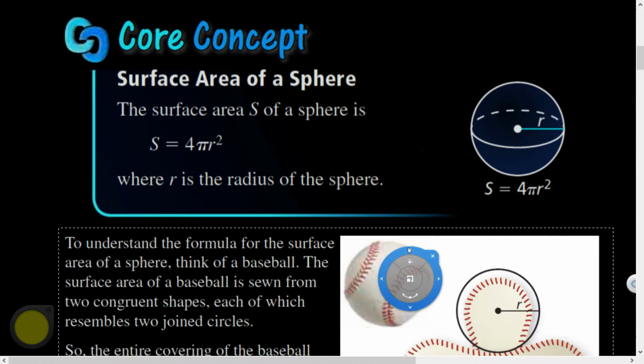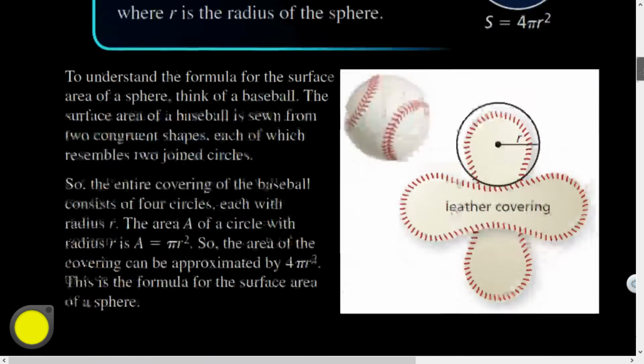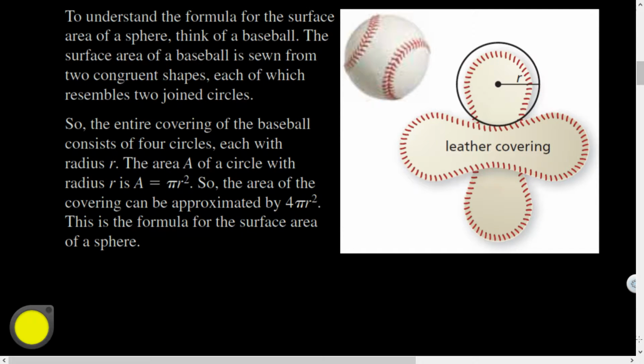One of the ways to think about this, and this is not a proof, just a conceptual understanding: if you think about a baseball, and you were to unstitch the baseball, the radius of that baseball is actually larger than the radius of either of these little circles. But this is like 4 of those circles plus the scrap will equal exactly 4 circles that would have been great circles.